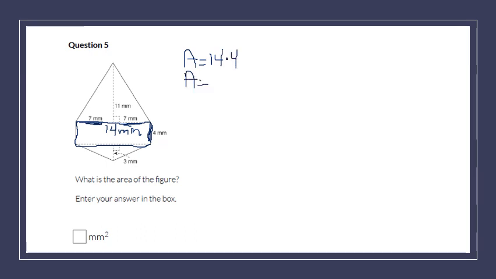So 14 times 4 is 56 millimeters squared. Now I'm going to look at the top triangle. Okay, and I see that that's 1/2 times the base times the height.